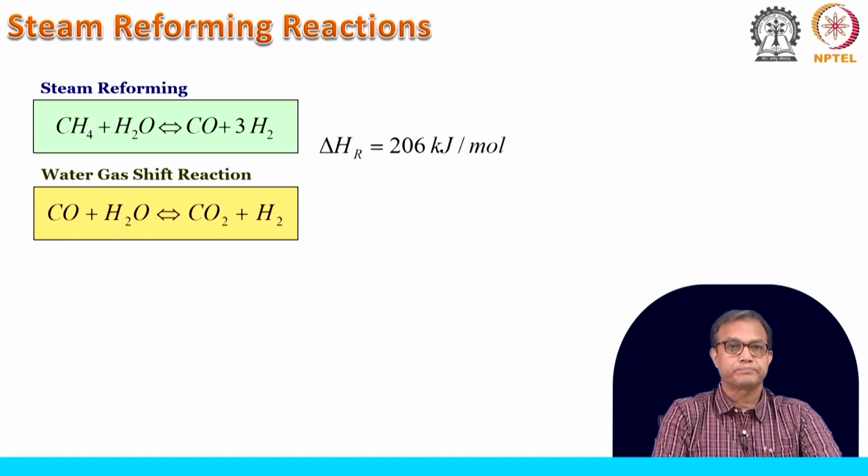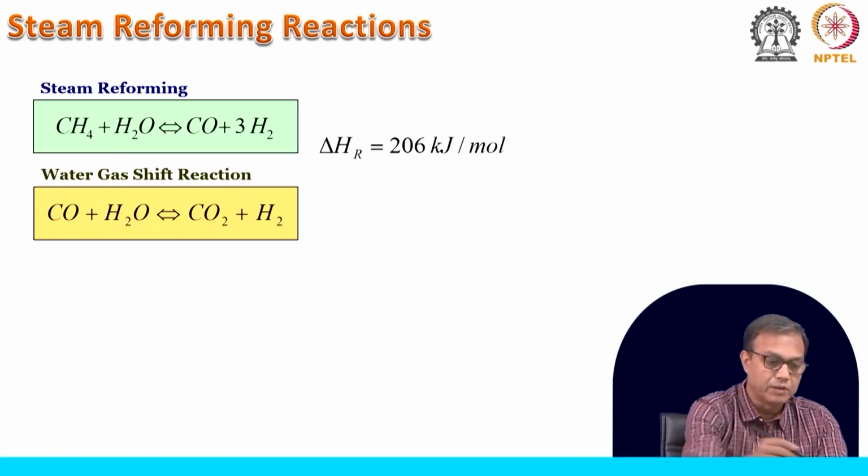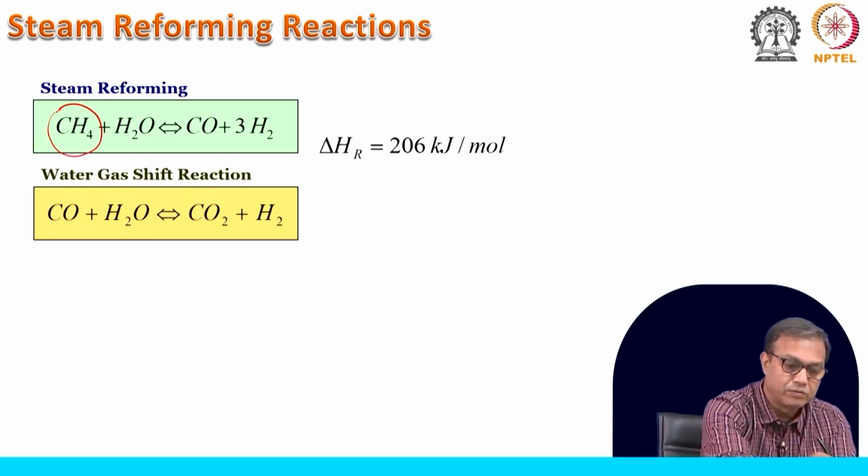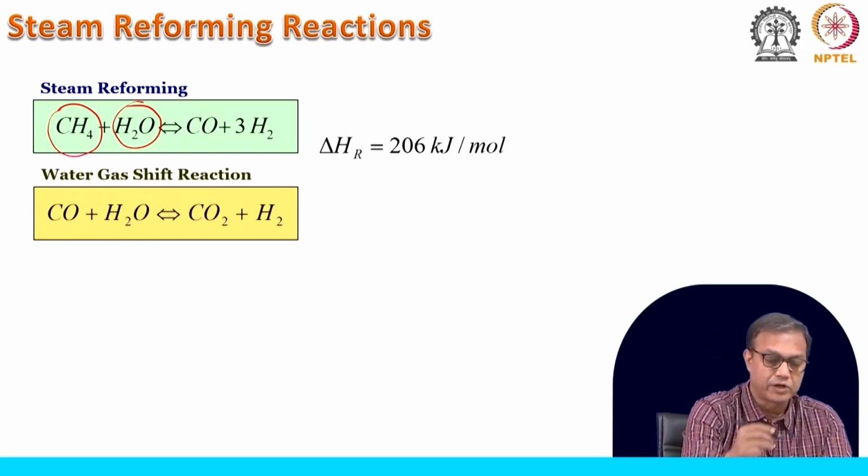This reaction is followed by the water gas shift reaction, where the CO and H2O, not in the form of ordinary water but in the form of steam, will give us CO2 and H2. In the overall reaction, we are starting with methane and steam at elevated temperature, and it is a catalytic reaction.